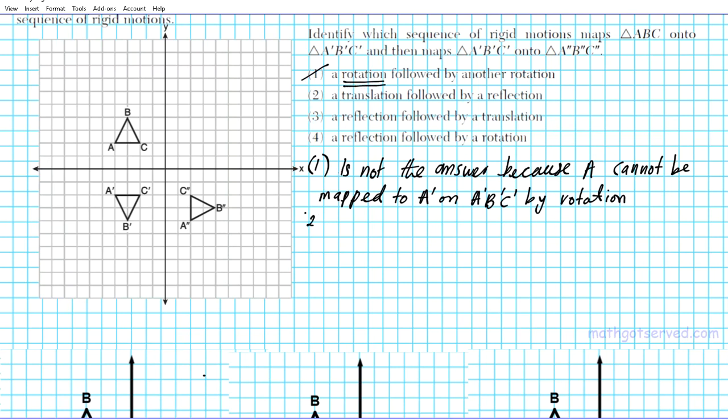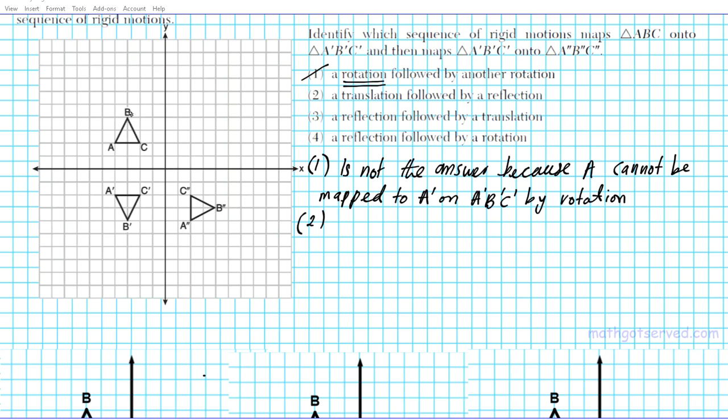Number 2, a translation followed by a reflection. Can we get triangle A prime, B prime, C prime by translating triangle ABC? That's the question. The answer is absolutely no. If you translate triangle ABC, B will always remain above segment AC.